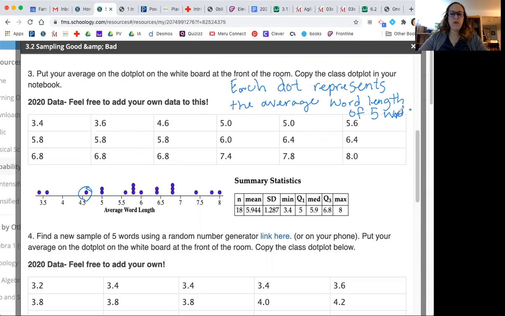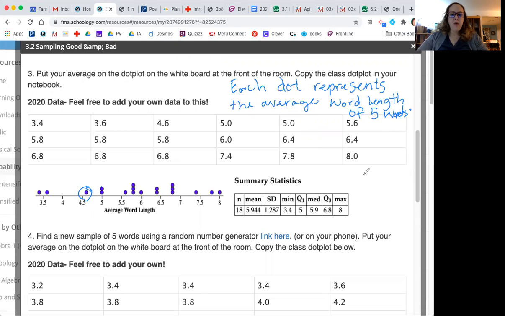So this is a representation of each sample. Each dot is a sample of 5 words.